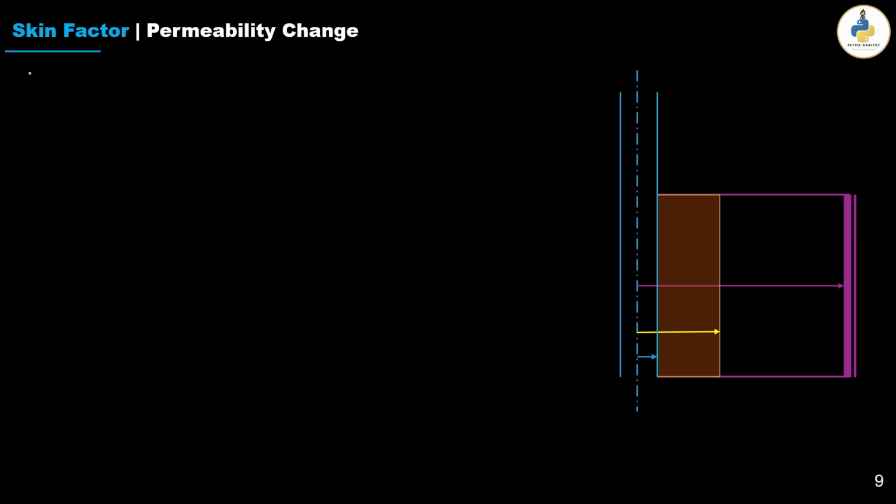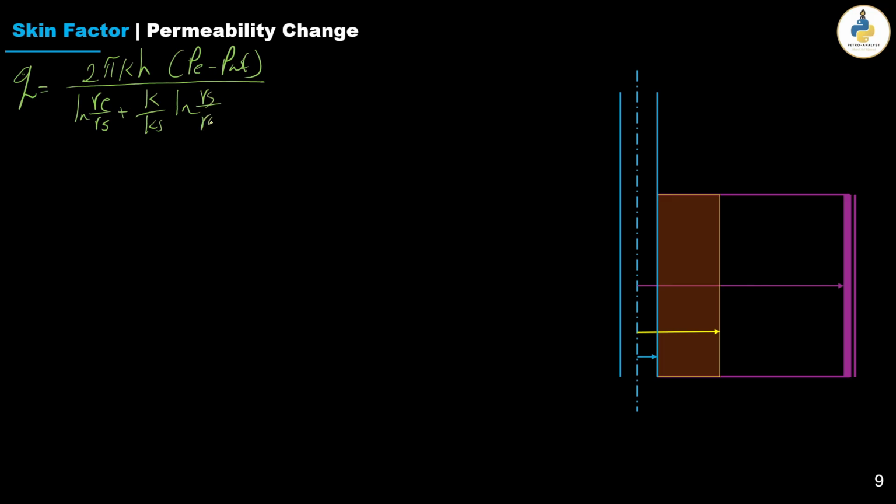Let's try to summarize it here. Q is equal to 2 pi KH, PE minus PWF over ln RE over RS plus K over Ks ln RS over RW.